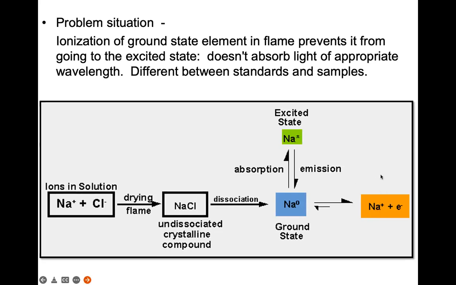This ion will reduce the conversion of atoms in the ground state to excited states, because it absorbs some energy at a different wavelength, but it will interfere with this process.